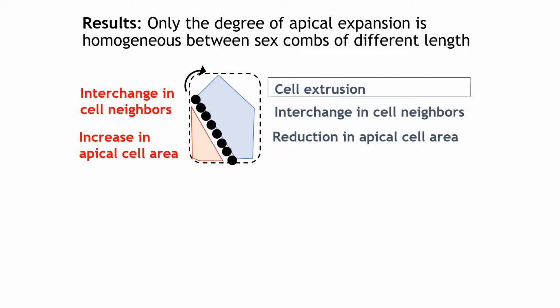I'm not going to talk in detail about every single cellular process, but I'm going to show you a schematic to show you, for example, what happened with the cell extrusion, to show you that it is very heterogeneous.